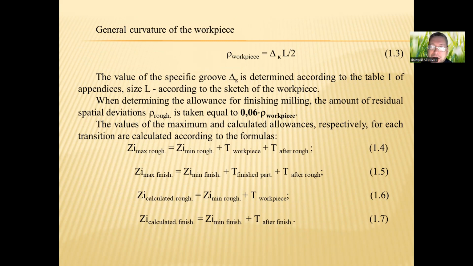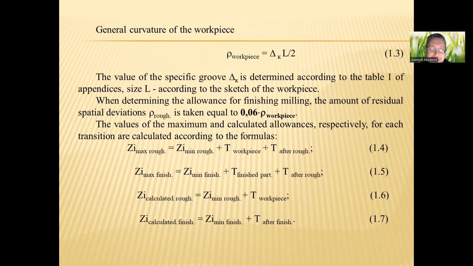It's formula 1.3. Write down to your notes the formula 1.3 and all formulas 1.4, 1.5, 1.6, and 1.7. The value of the specific groove delta suffix k is determined according to table 1 of the appendix.